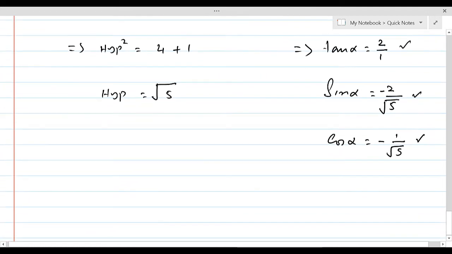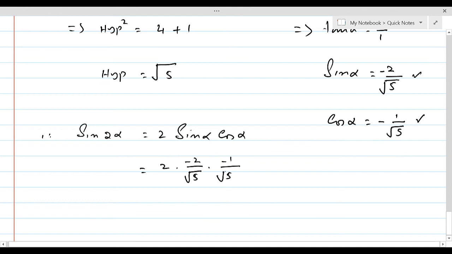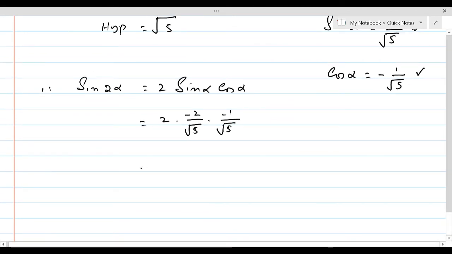You can find the value of sine 2 alpha. Sine 2 alpha is equal to 2 sine alpha cos alpha, which is 2 times minus 2 over under root 5 into minus 1 over under root 5. This is equal to 4 over 5. So that's the value for sine 2 alpha.